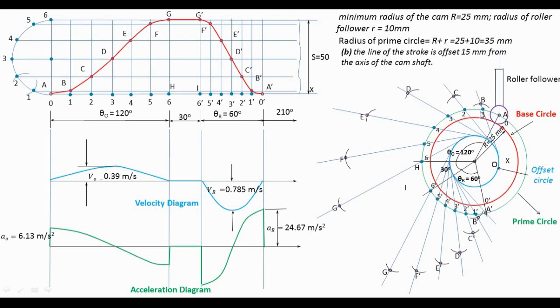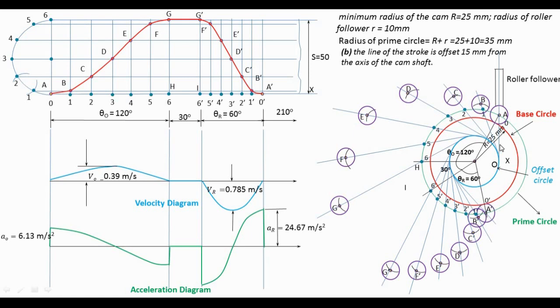Take B as a center, draw a circle. Take C as a center. Every time you should not change the radius of the circle. The radius of the circle is actually equal to the radius of the roller. So here I have drawn the roller. Okay. From every point I have completed the circles, up to point A dash.